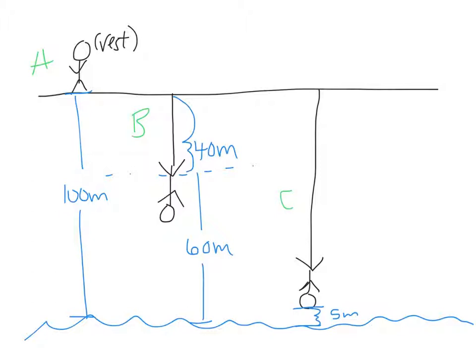So this is what the diagram looks like. And then just to show too, if we're going from here, 40 meters, to right down here, 5 meters above, this is a distance of 55 meters. So 60 meters minus this 5 meters where the water actually is, 55 meters right here.